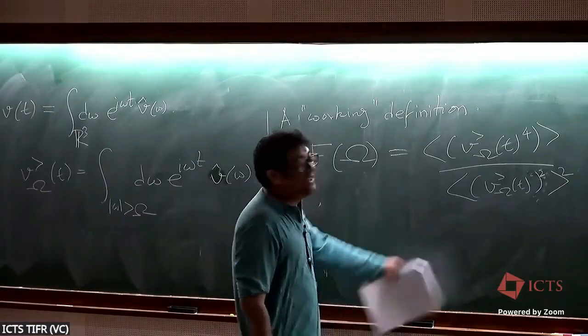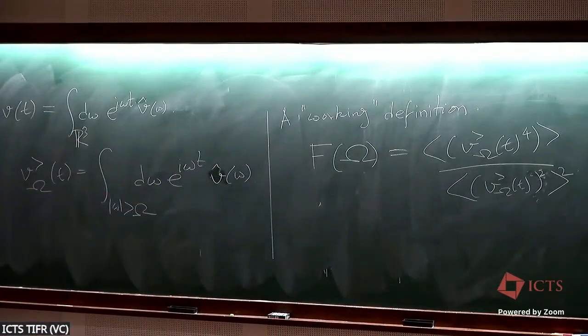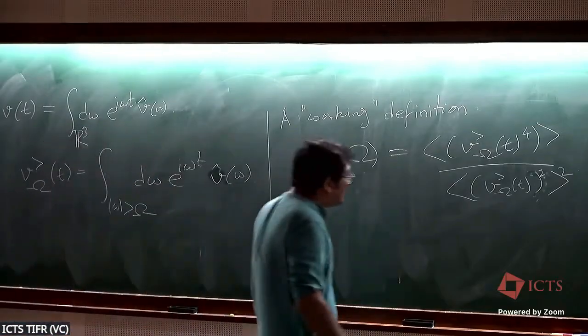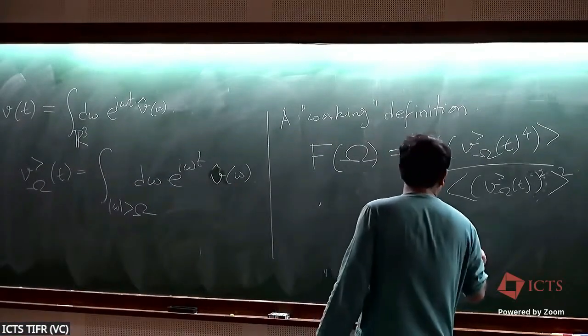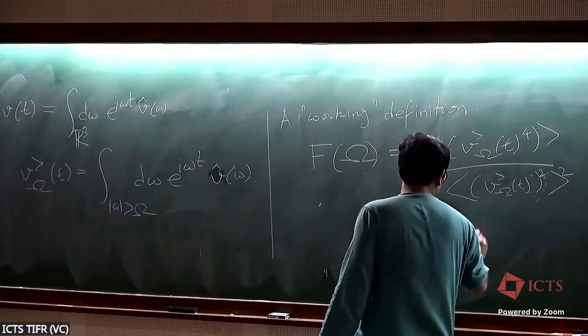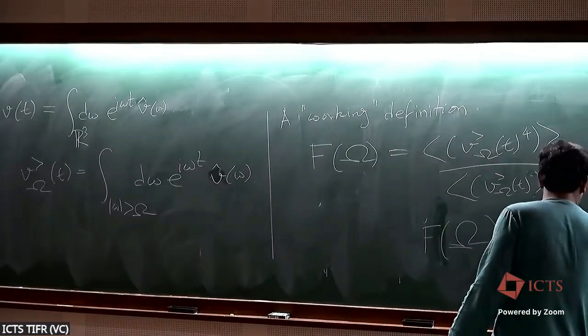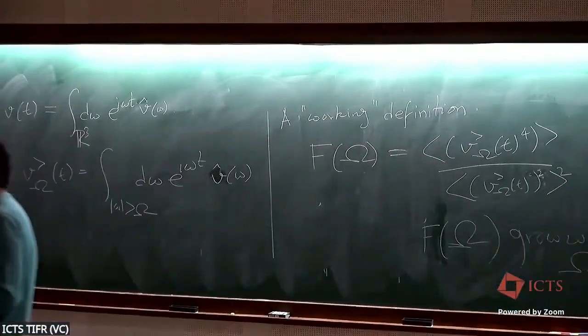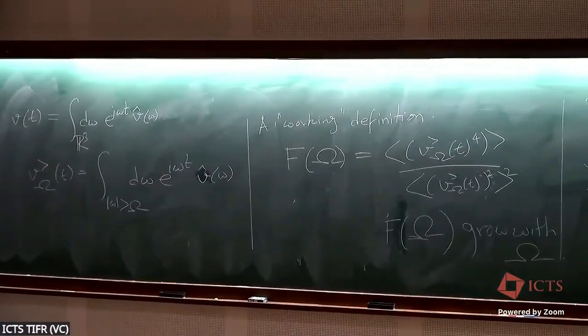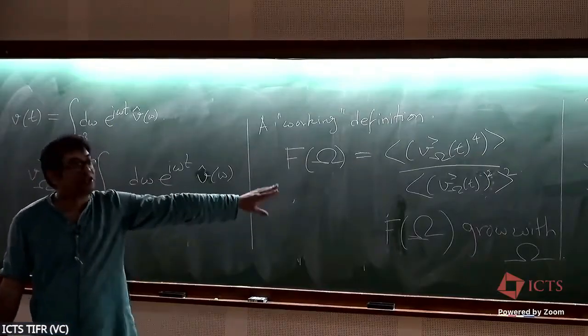All right. So if I calculate this, then for functions which are intermittent, this animal will grow with omega. You can go back and redo some of the things that Abhishek and Sanjib were doing for your Brownian motion, and you will see that this is a condition that will not be met there.